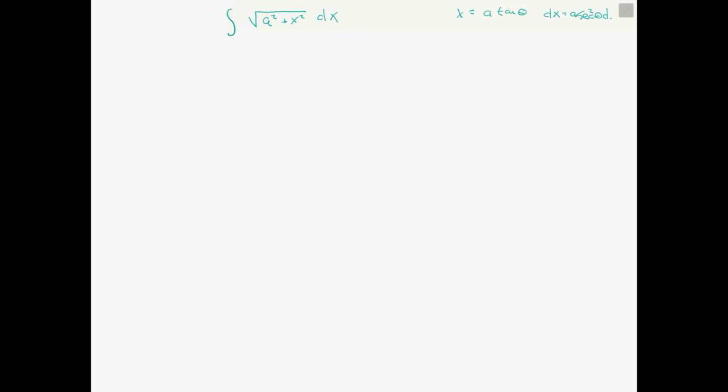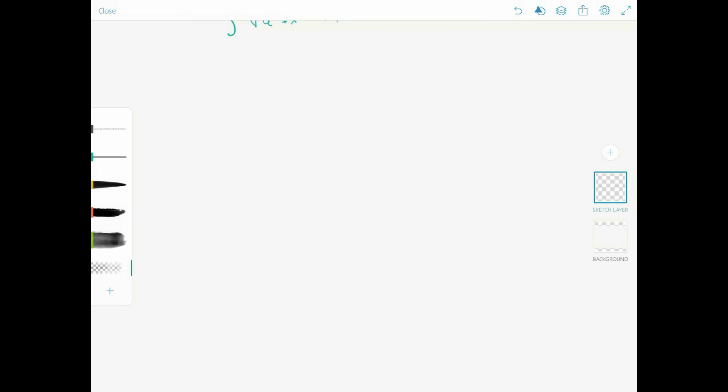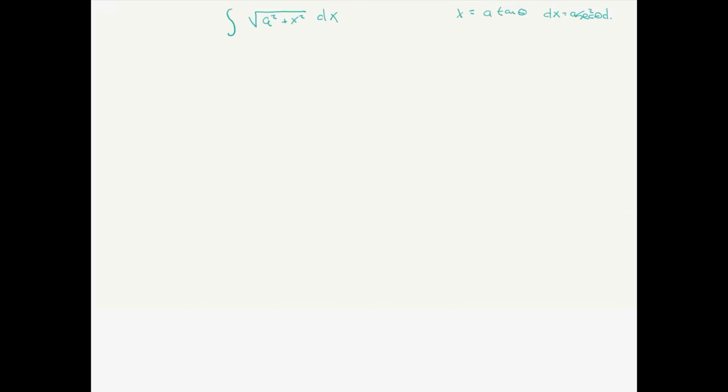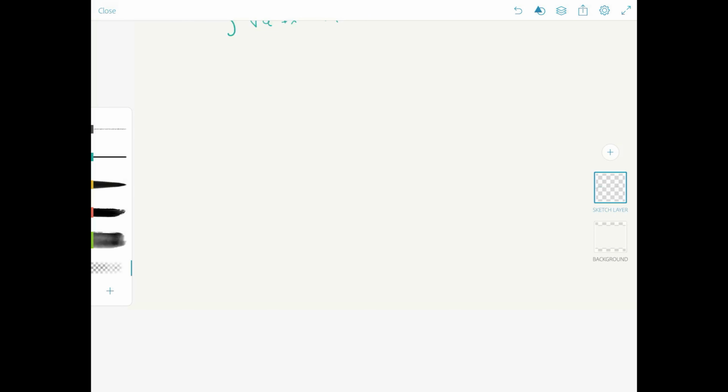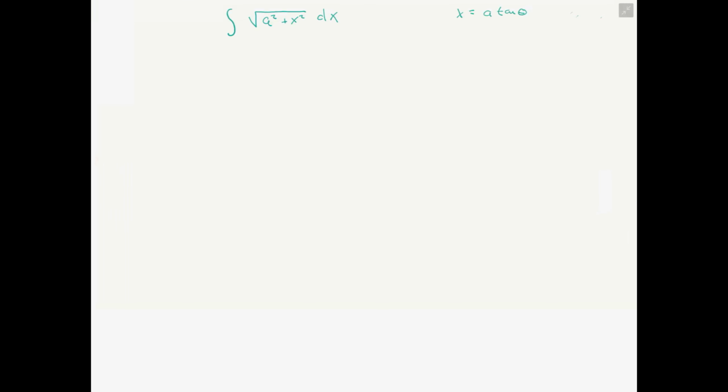I'm going to write that out down below. dx equals a secant squared theta d theta.